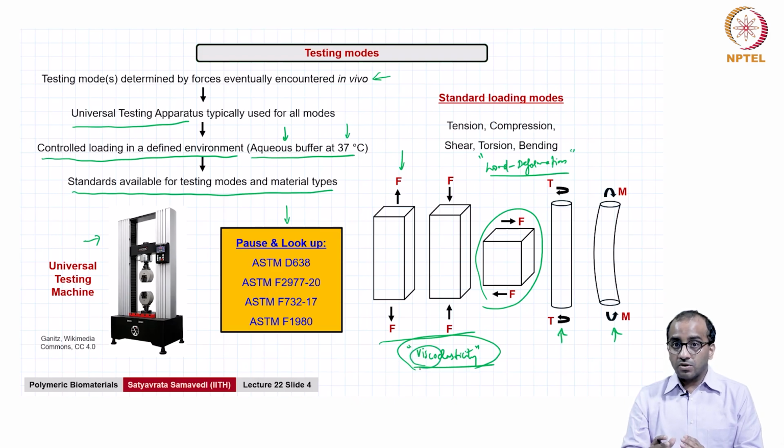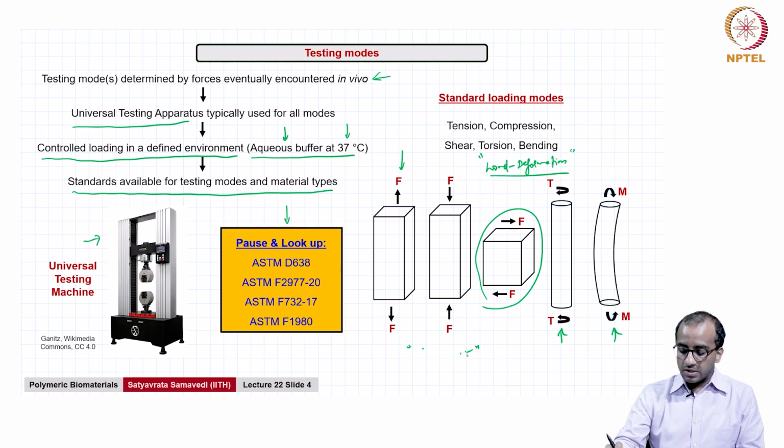How the material responds is also a function of time, and some of that has to be accounted for even in tensile testing, because when you pull a material, how fast you pull will dictate what kind of properties you get. There are some minor details, subtle points to keep in mind as we go through this lecture.